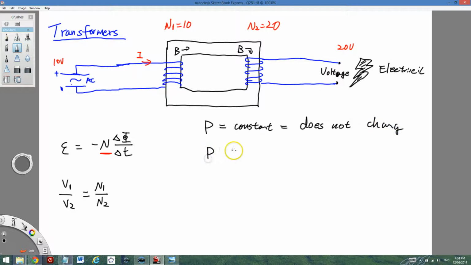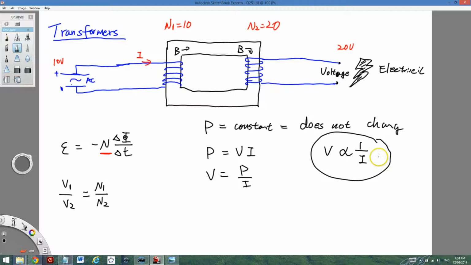So using the famous equation, power is measured by voltage times the current. If the power is constant, voltage is going to be P on I, so the voltage is going to be inversely proportional to the current.